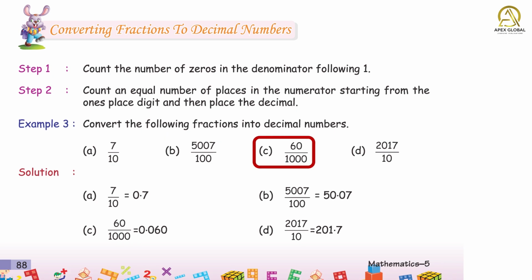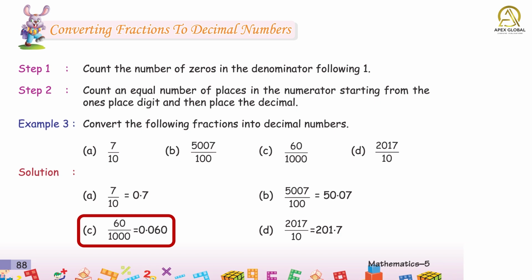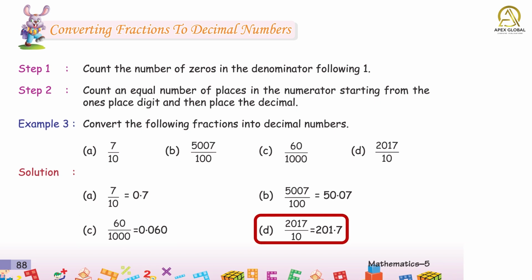C: 60 upon 1000. D: 2017 upon 10. Solution: A, 7 upon 10 is equal to 0.7. B, 5007 upon 100 is equal to 50.07. C, 60 upon 1000 is equal to 0.060. D, 2017 upon 10 is equal to 201.7.